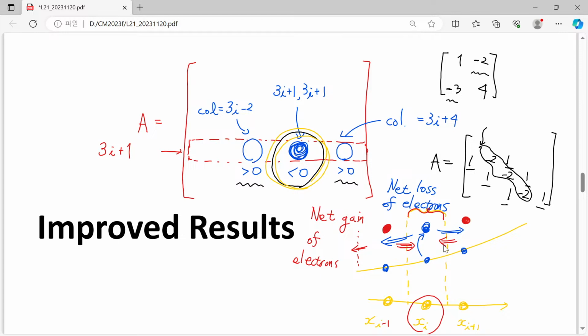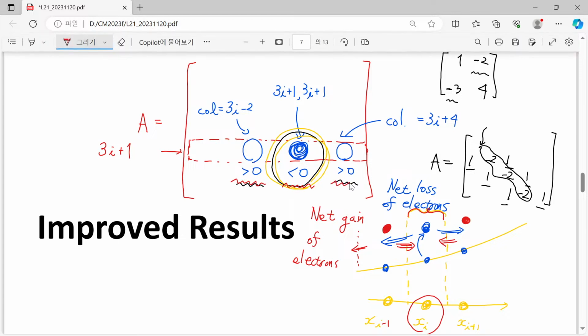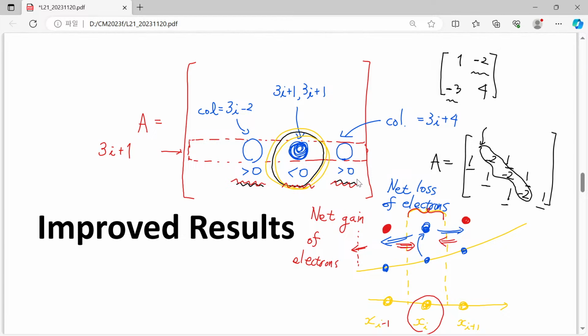So what we can expect is that these distinctively different signs of our Jacobian components correspond to the correct behavior of our electron movement. However, let's assume the wrong case, for example, a minus sign.